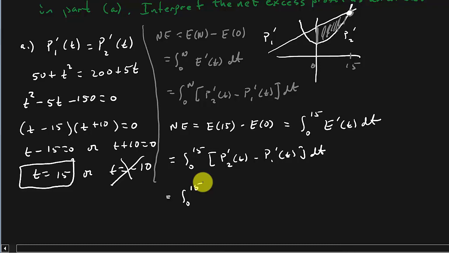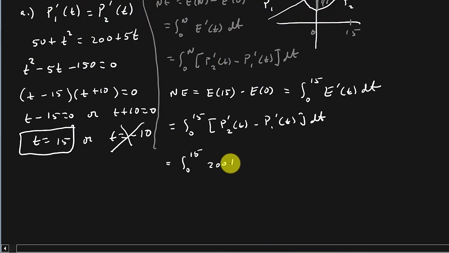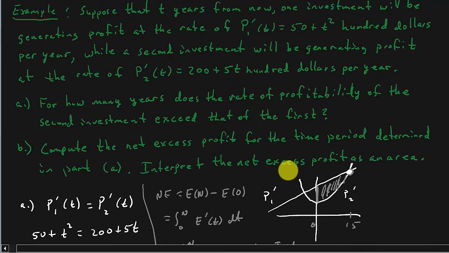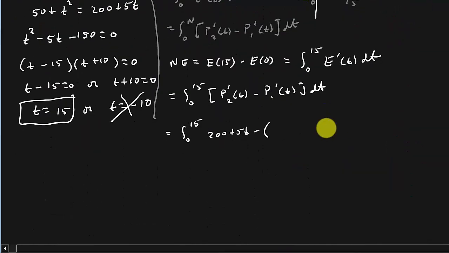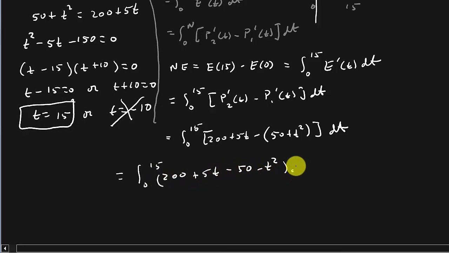P2 prime is 200 plus 5t, minus P1 prime of t, which is 50 plus t squared. So that's 200 plus 5t minus 50 minus t squared dt, from 0 to 15.